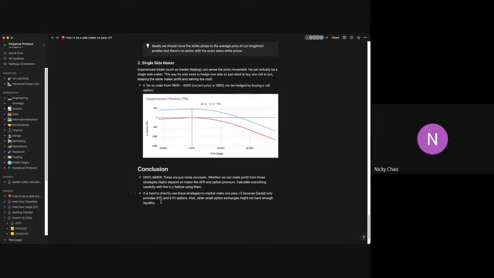Also, it is hard to directly use these strategies to market make, maybe by Pricekeeper on Perp V2, because we only have BTC and ETH options on Deribit. And the liquidity might be an issue because normally this option exchange doesn't have enough liquidity. So that's it from me. Let me know if there's any question.